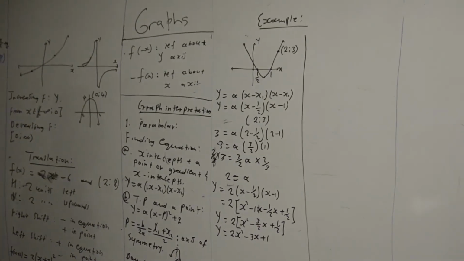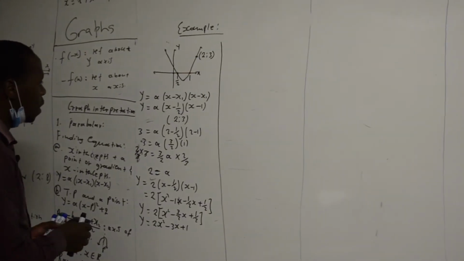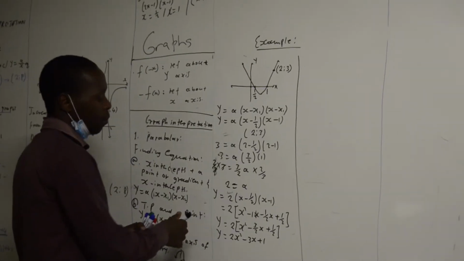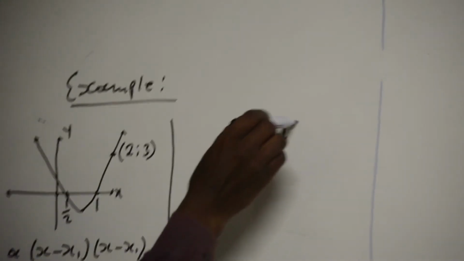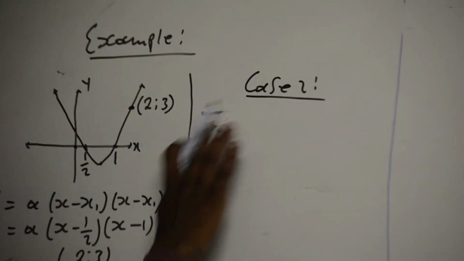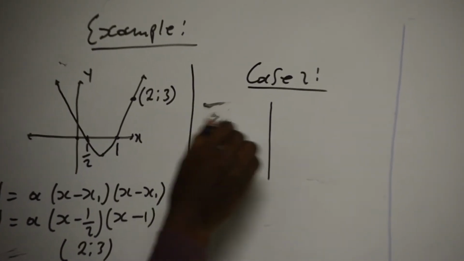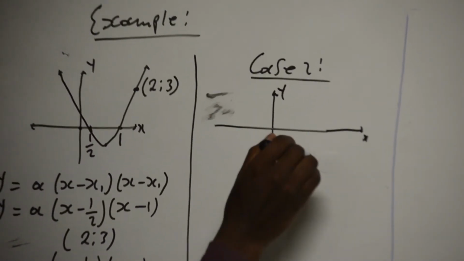Let's quickly check now the same graph if we were given a turning point, that is case 2. What if now you're given a turning point? Same graph, but you're given now a turning point and a point. So your TP is here.